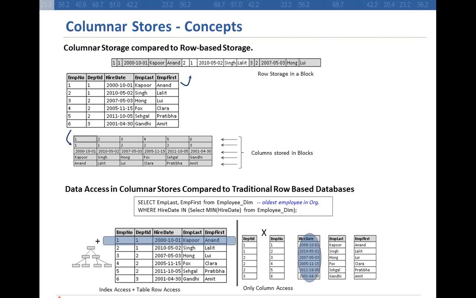Columnar databases also support native analytics. Native being out of the box, aggregation and analytics are based on column data and not row data. As a result, columnar stores support native analytics.